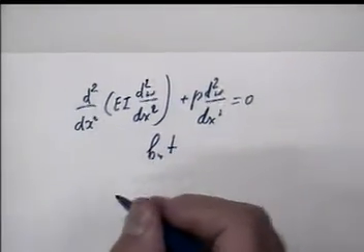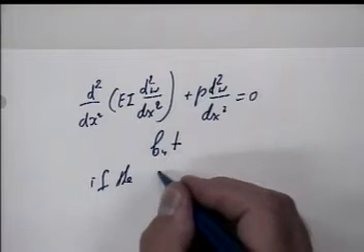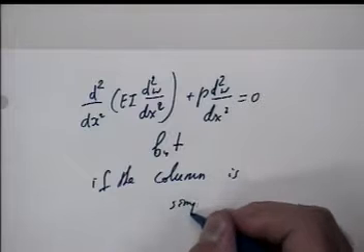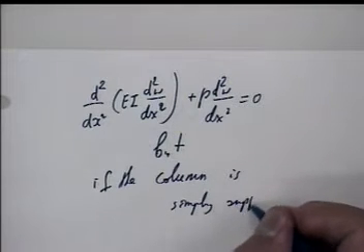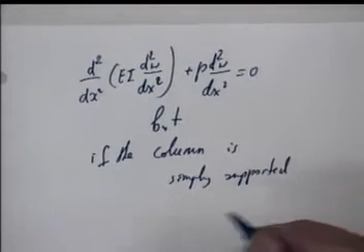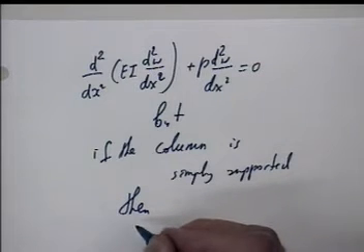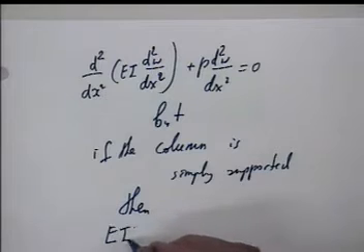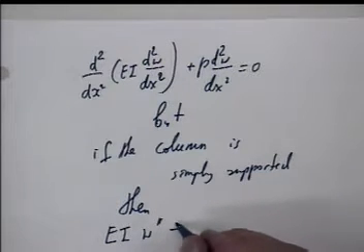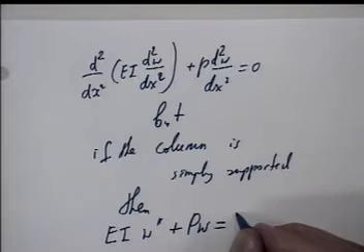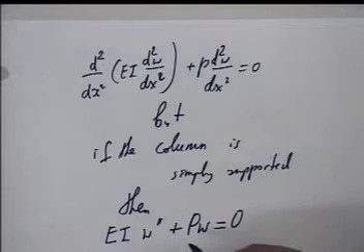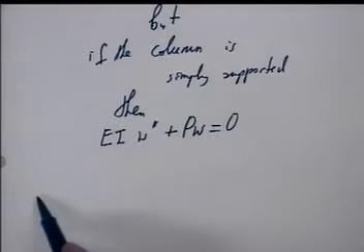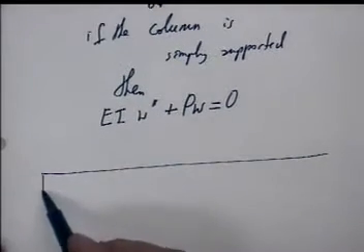But if the column is simply supported, then we can deal with a second order differential equation: EI w'' plus Pw equals 0. And then we had two cases, okay?